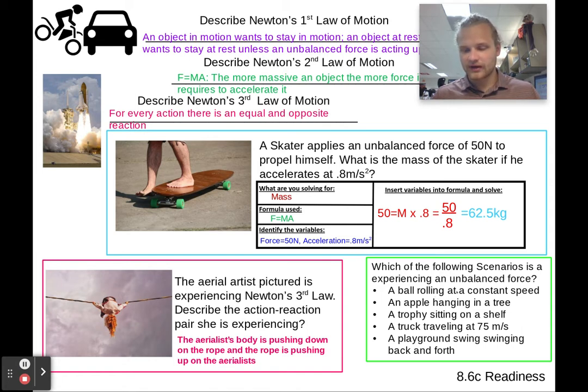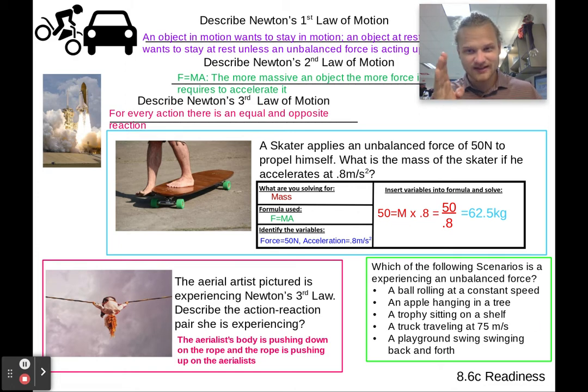Which of the following scenarios is experiencing unbalanced force? A ball rolling at a constant speed. Okay, it's rolling at a constant speed, so it is actually going to be a balanced force because it continues going at a constant speed. An apple hanging in a tree. Again, it's not moving, it's just staying there, and so it should be a balanced force. A trophy sitting on a shelf, not moving, once again, it should be balanced. A truck traveling at 75 meters per second.